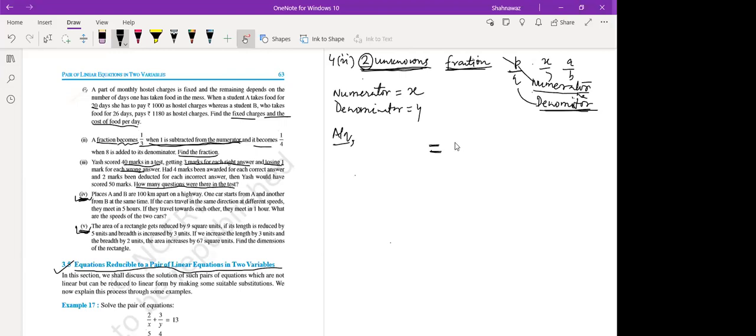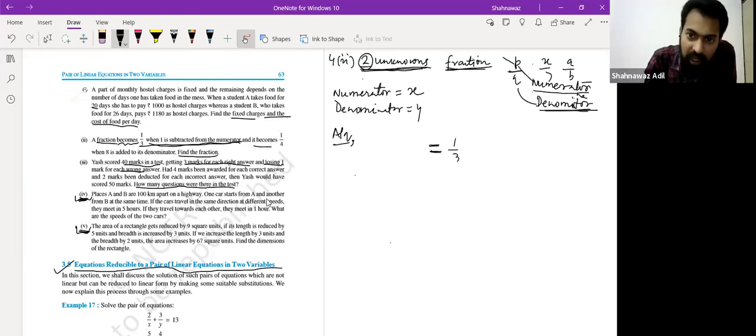So it will be equal to 1/3, right? Right, so this part is clear. And how does it become 1/3? By applying this approach, by doing this action, whatever you say.